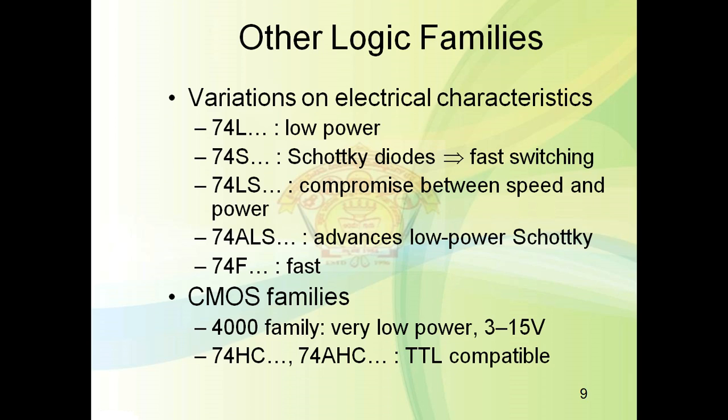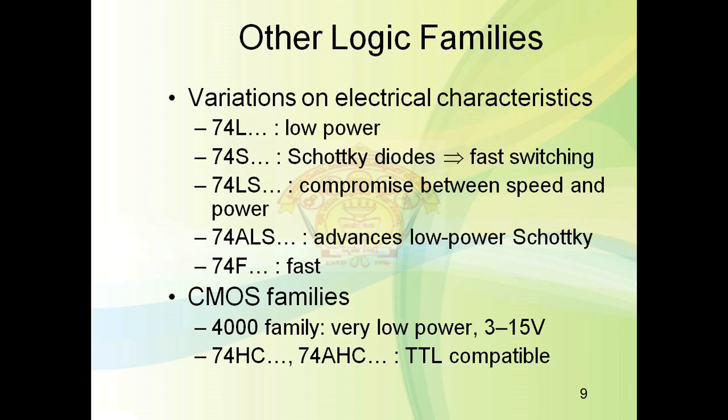In the 74 series there are again changes according to the power utilized and the speed. 74L00: L stands for low power. 74S: S stands for Schottky diodes. Internally Schottky diodes are used, so the required switching time is less, and hence these ICs are faster.